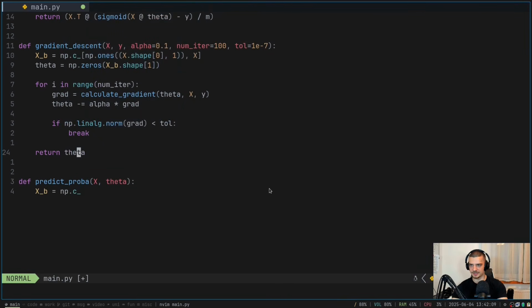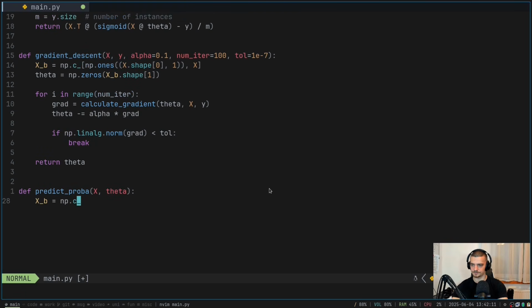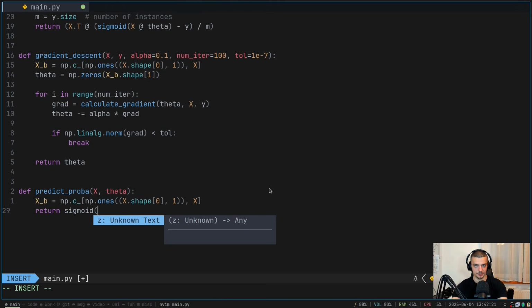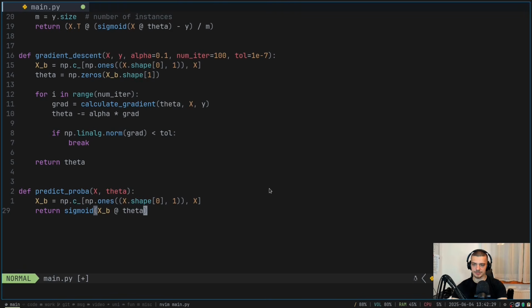Actually I can copy this from above. We're just prepending the bias dimension again. And then all I have to do is calculate h. So h is my prediction for the probability. I say sigmoid of x_b matrix multiplied with theta. This is going to give us the probability between 0 and 1.